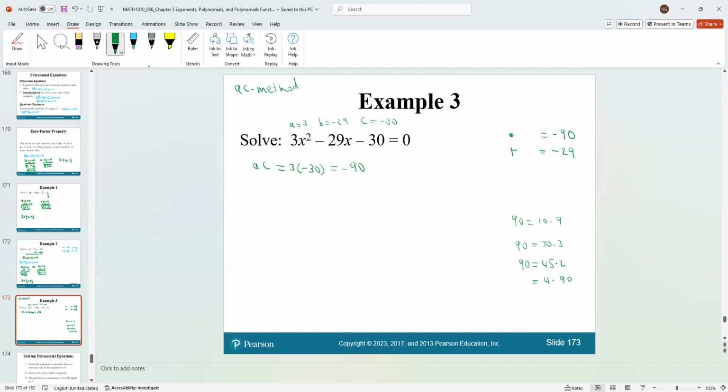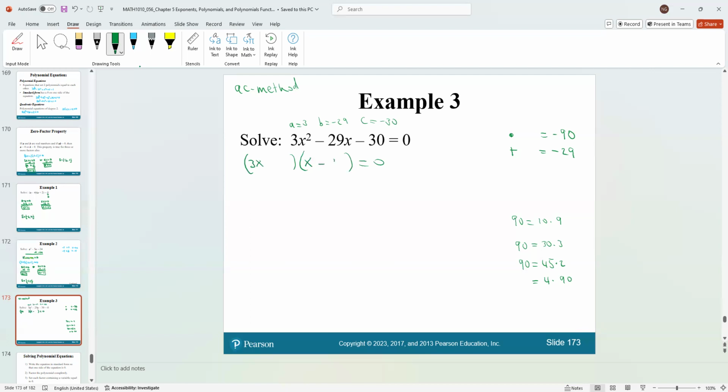So what we're going to do, we can do trial and error. What I'm gonna do here is to make sure that I find two answers. I know 3x squared can be written 3x times x. But look, the goal is to find negative 29.